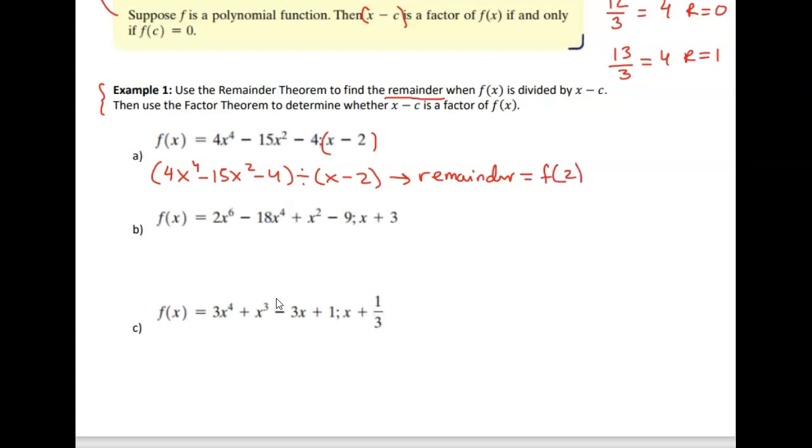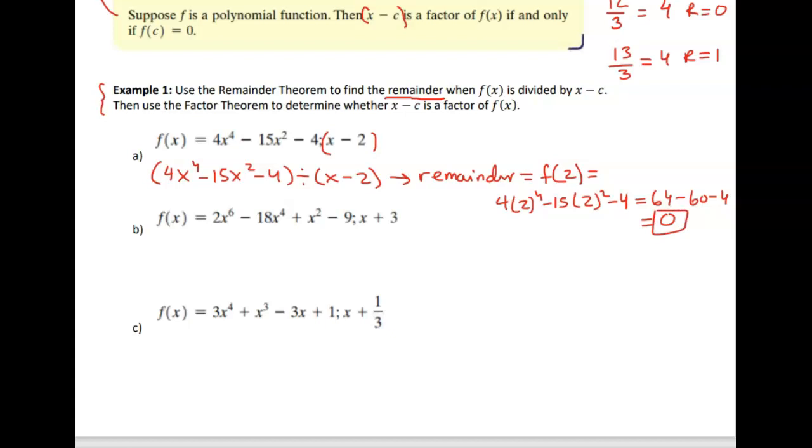So you plug 2 into your function. We get 4 times 2 to the 4 minus 15 times 2 squared minus 4. 4 times 16 is 64. 15 times 4 is 60, plus 4 is 64. 64 minus 64 equals 0. So we get a remainder of 0.